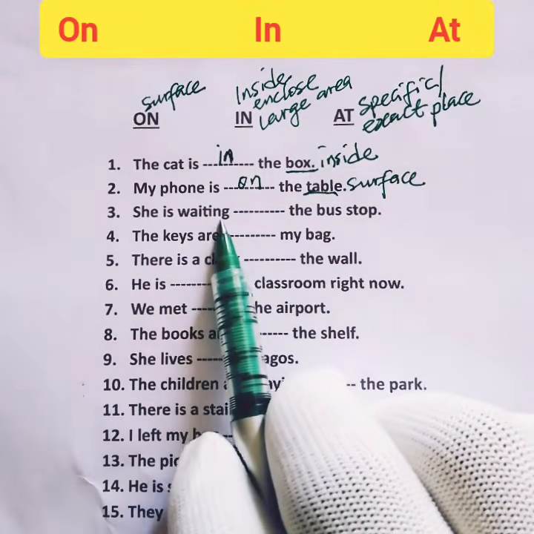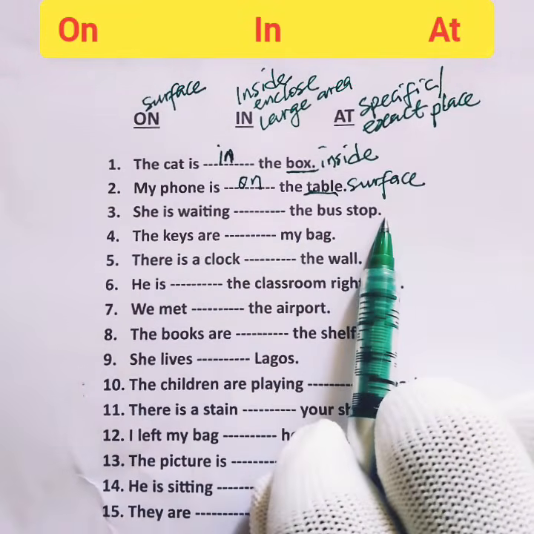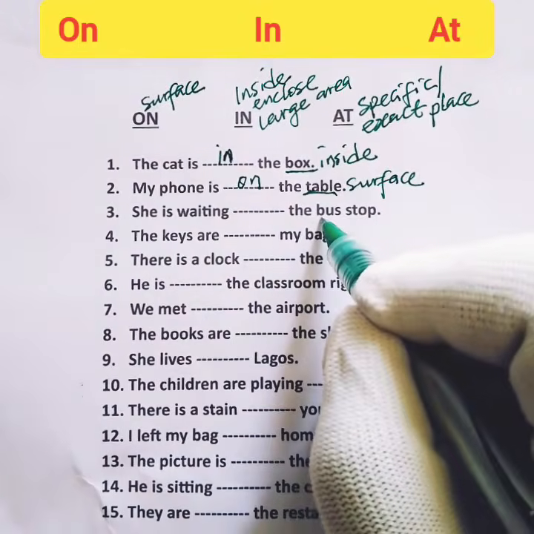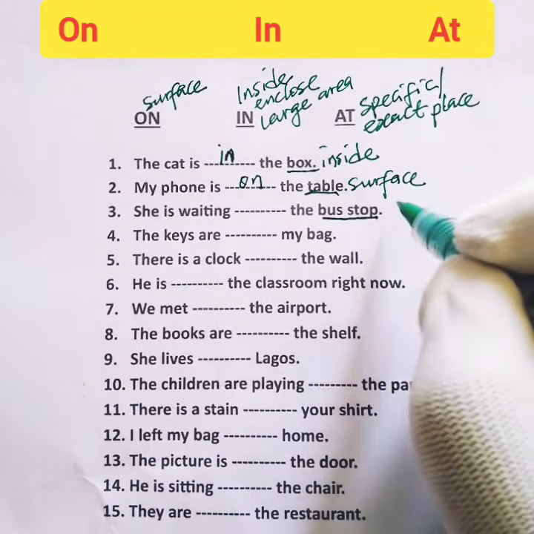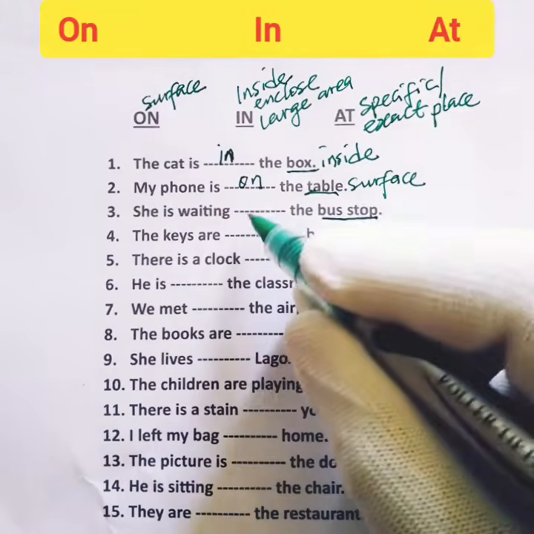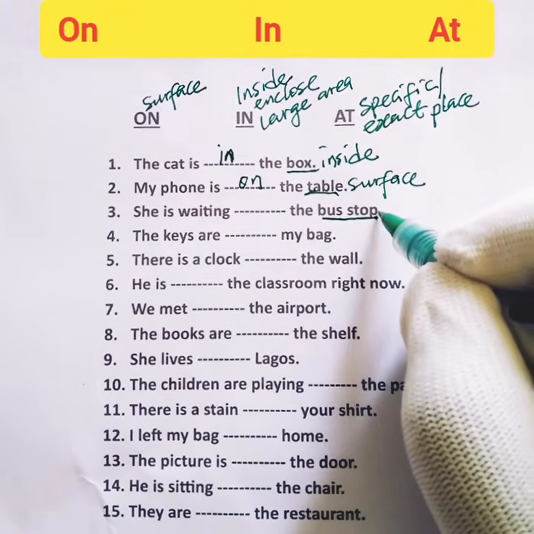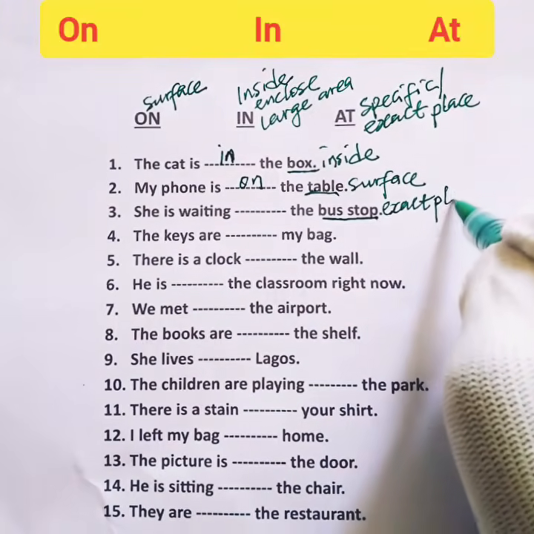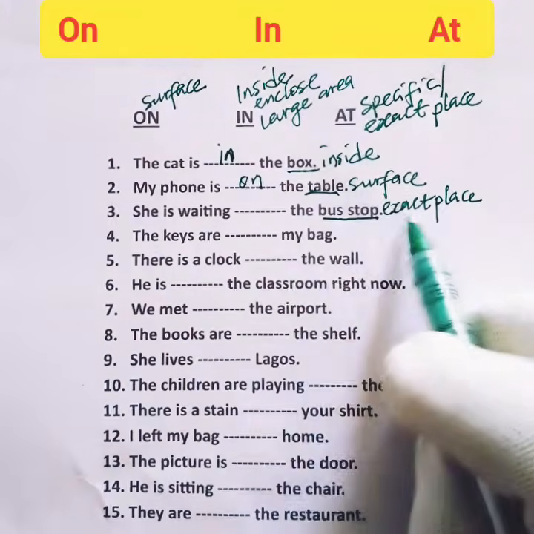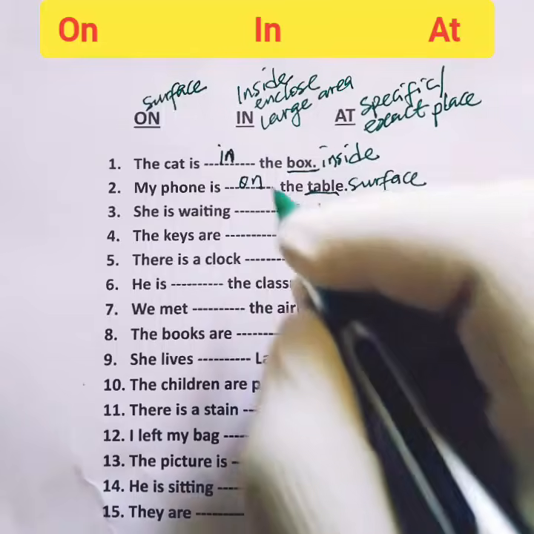3. She is waiting blank the bus stop. Bus stop is a specific place or exact place that she can be waiting. So this is exact place that she is waiting. So for exact place, use at.